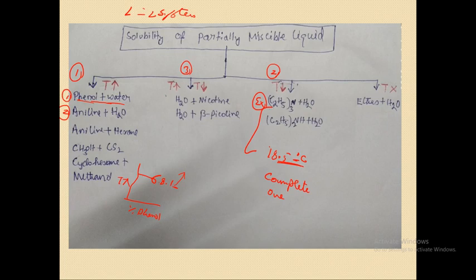On increasing the temperature they increase, and on decreasing the temperature they also increase their miscibility. So the liquid pair water and nicotine is completely miscible above or below a certain temperature.